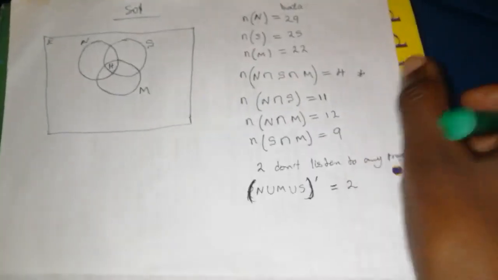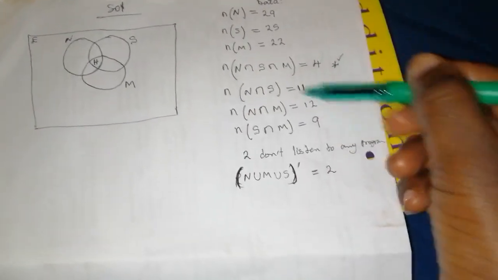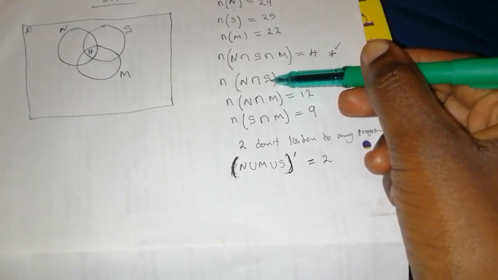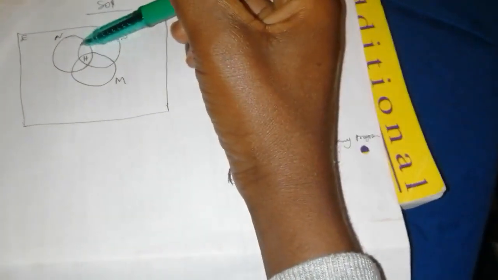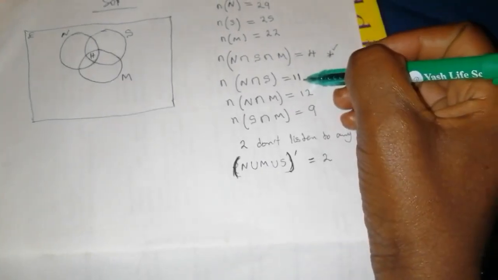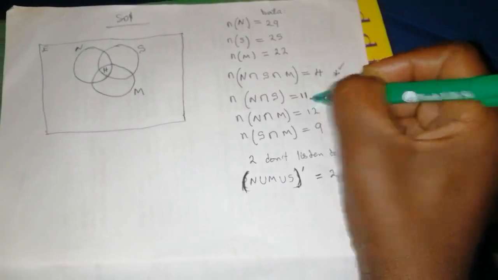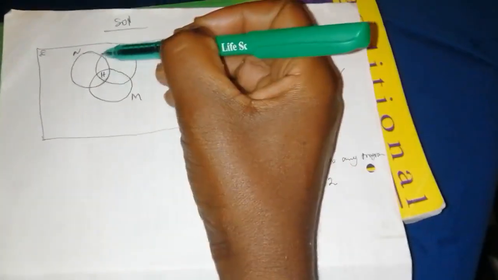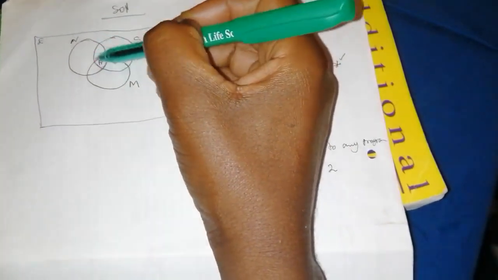Then next I'll go to intersection sets. We are done with this one. When we go to intersection sets, N intersection S, those who listen to news and sports, we are talking about this set. We are told that 11 villagers listen to news and sports, so we need to have 11 villagers in this set.